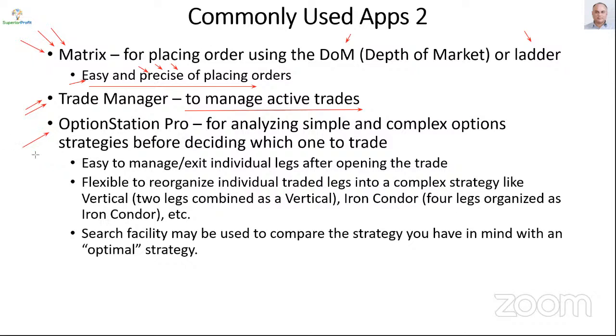In terms of that, TradeStation Option Station Pro, I think, is more powerful than Thinkorswim. Thinkorswim has some advantages as a brokerage platform, but that is not related to how to visualize your options, the option strategy. In terms of visualization, TradeStation has done a better job.